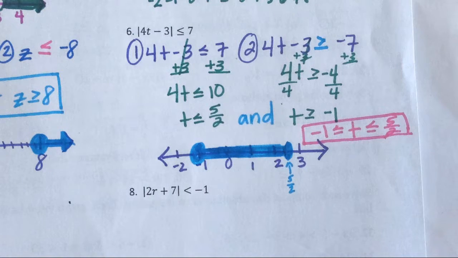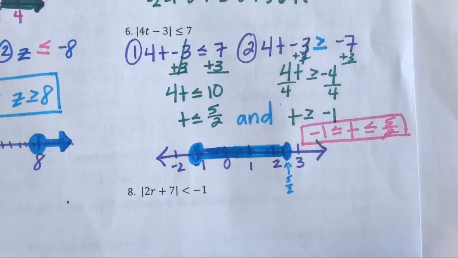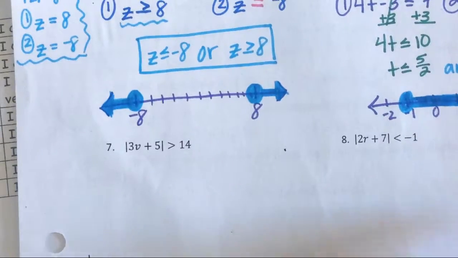Okay, are there any questions on number 6? Then let's go to number 7. For a point, can someone tell me my 2 options?